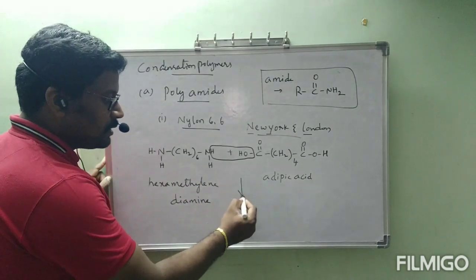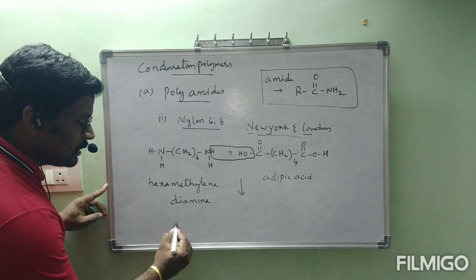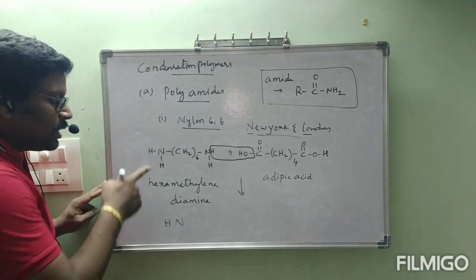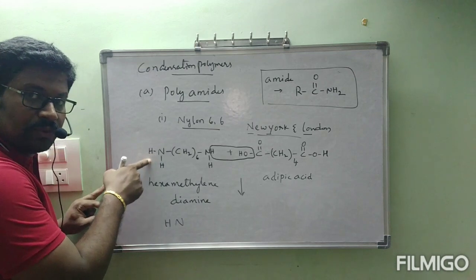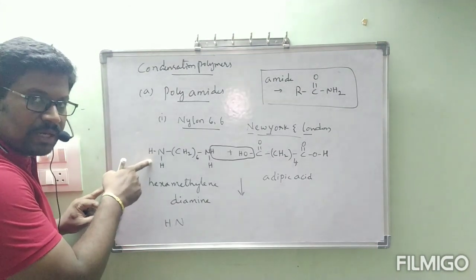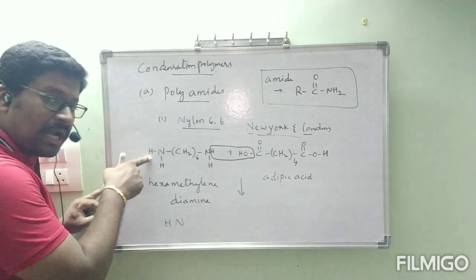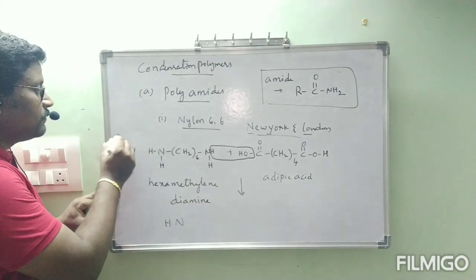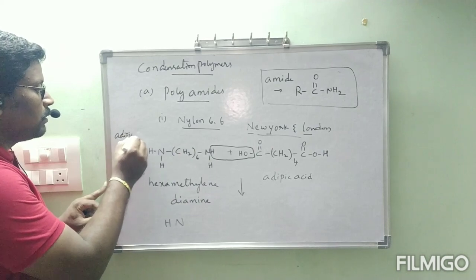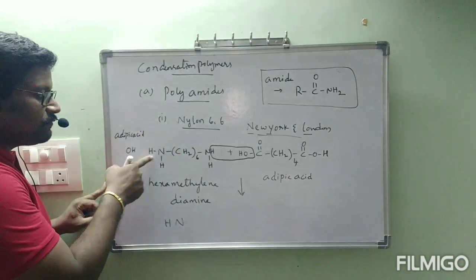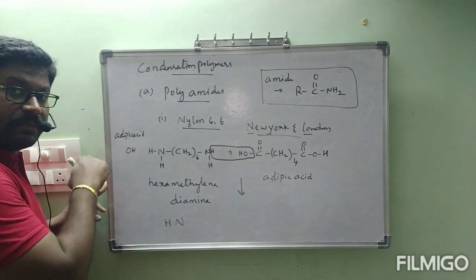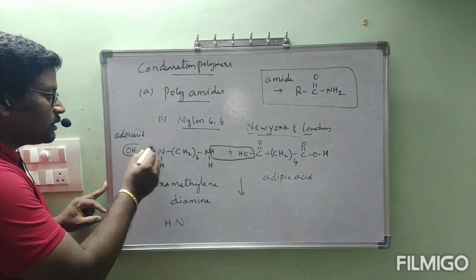Then we will get the compound. Please observe this NH2: here actually we have two hydrogens, but one hydrogen of this hexamethylene diamine on the left side also and the OH of another adipic acid will be removed as water.